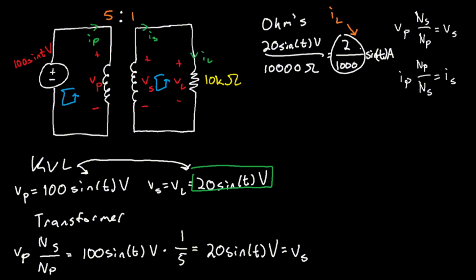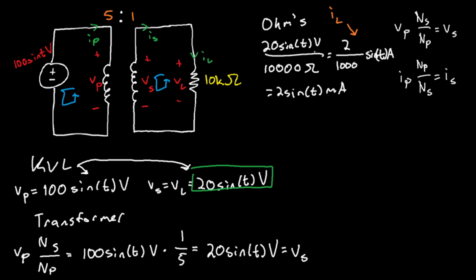Now the thing about this is that who wants to look at this sloppy mess when you can just write down 2 sine of t milliamps? Milliamps just stands for 1,000th, so 1 over 1,000 amps. In this case you have 2 over 1,000 amps, which means that you have 2 milliamps.